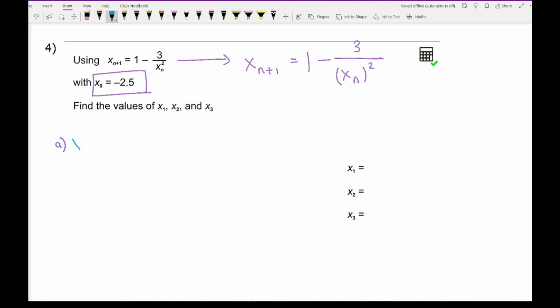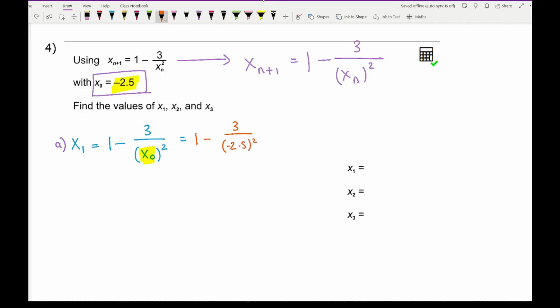So here I've got x1 equals 1 minus 3 over the previous term, which is x0 squared.